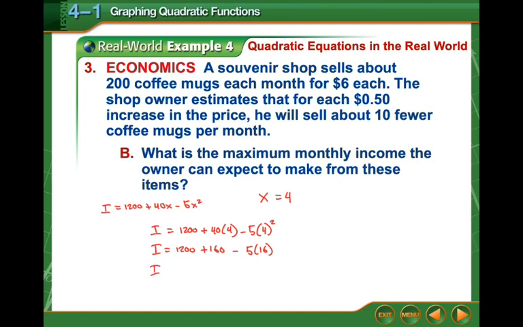We're going to go ahead and add the 1200 and 160. That's 1360. So 1360 minus 80 leaves us with his income per month just based on mugs. Hopefully he sells more than just mugs, because he's only making $1,280 on the mugs. It's not terrible for selling just mugs, though.